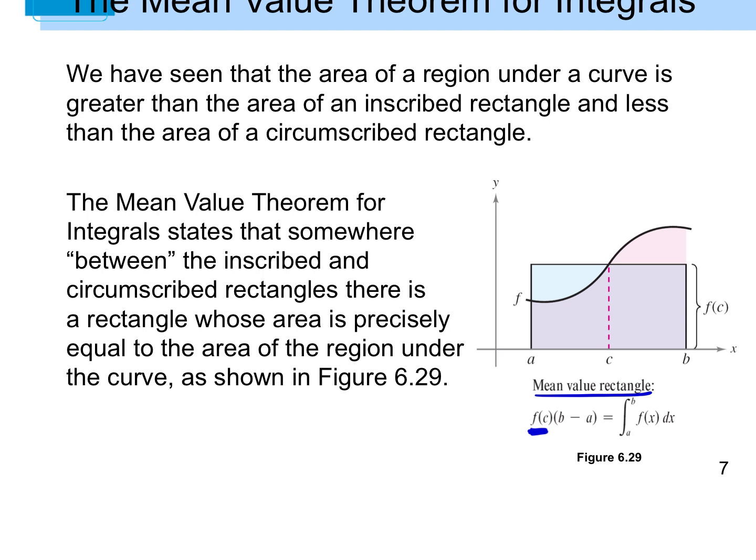So c is some value or some height here that gives us that perfect rectangle that's not an over approximation or an under approximation. And then if we multiply that times b minus a, so times the width, that would give us our area.